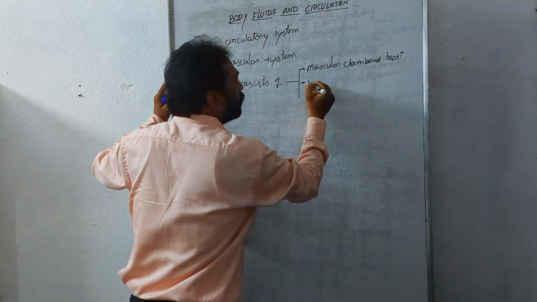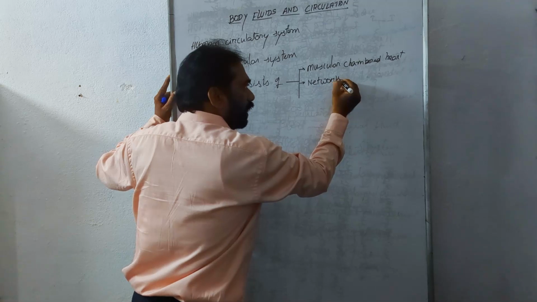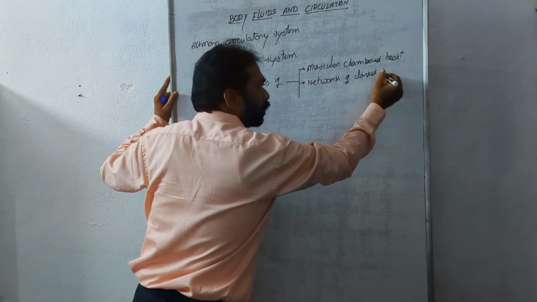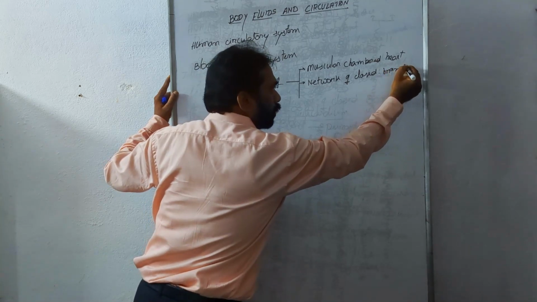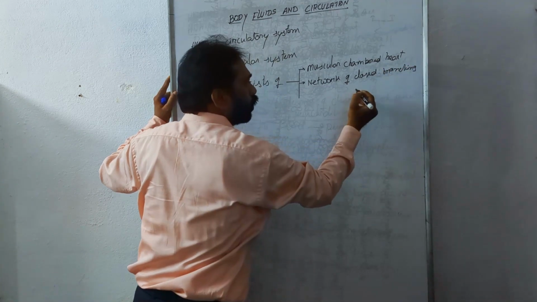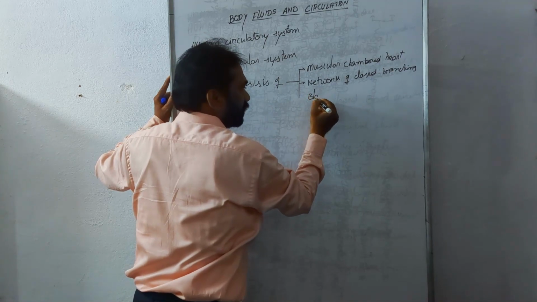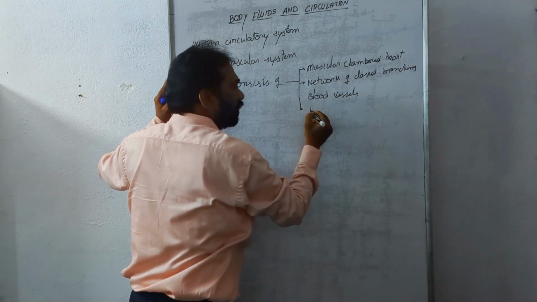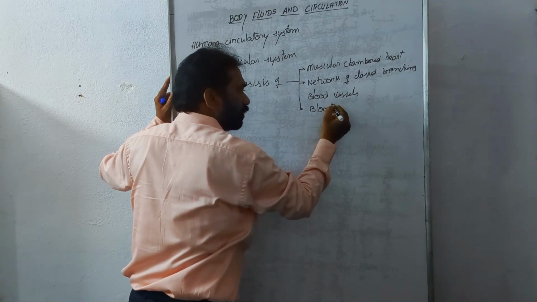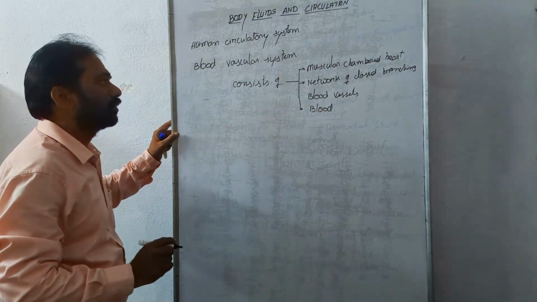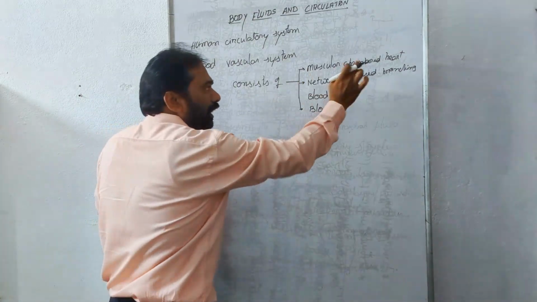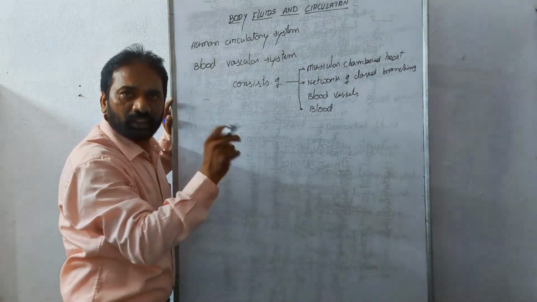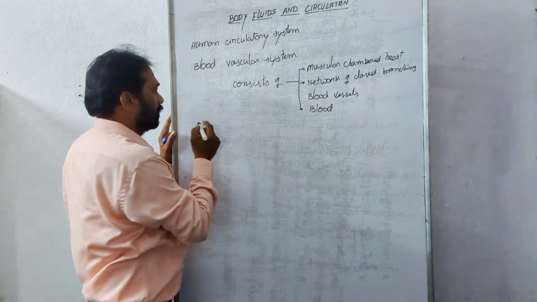Next, network of closed branching blood vessels. Then third one is blood. Right now we enter into the human heart. That heart is muscular chambered.